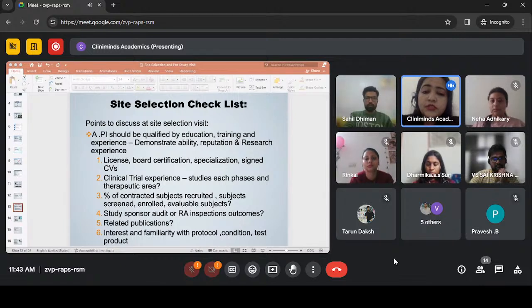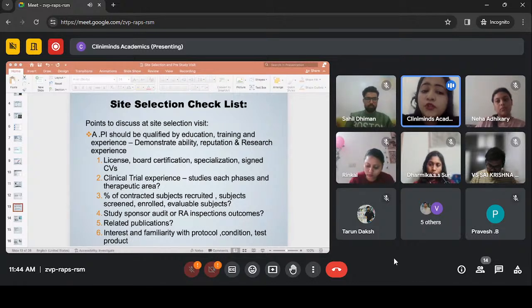When the sponsor team comes to the trial site to evaluate it, they will check how much experience the investigator holds in carrying out these kinds of clinical trials. If the therapeutic area is ortho studies, then the experience we are looking for in the investigator should be related to ortho, right? He should have done a couple of years of clinical research in this particular therapeutic area.